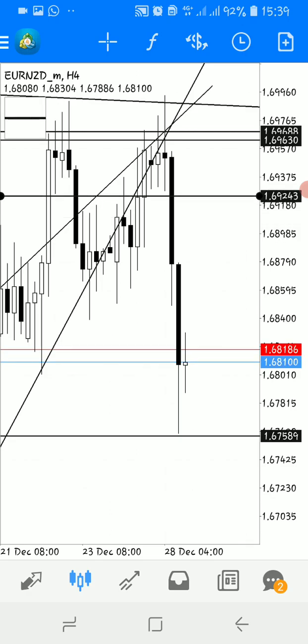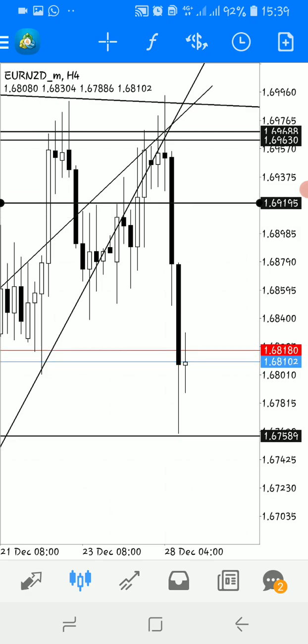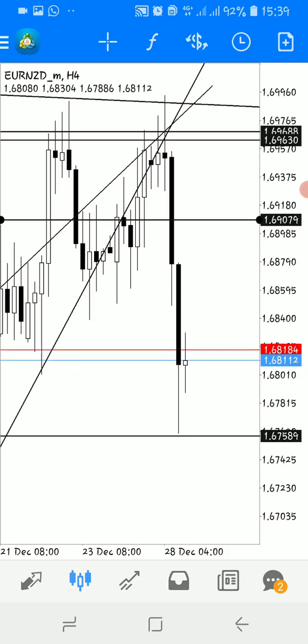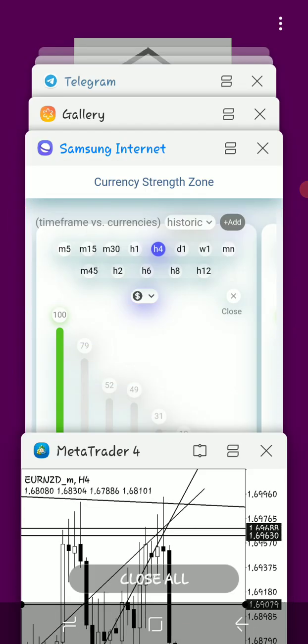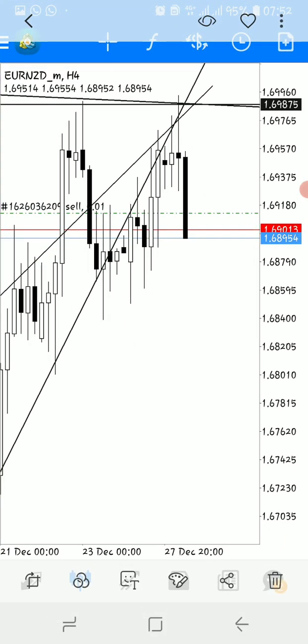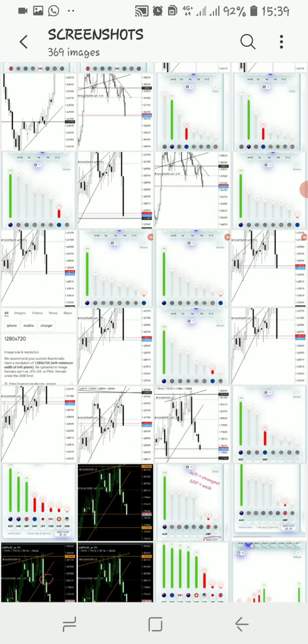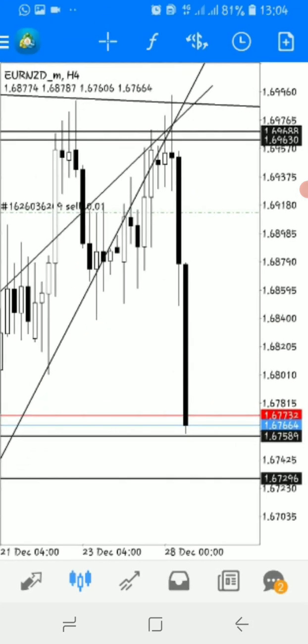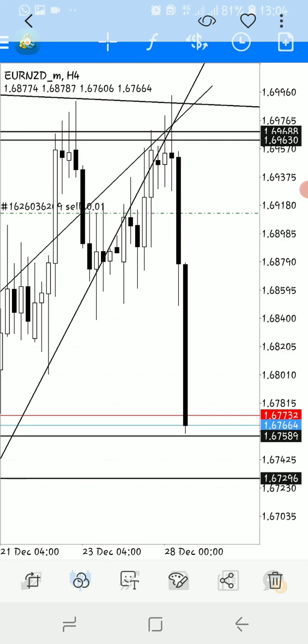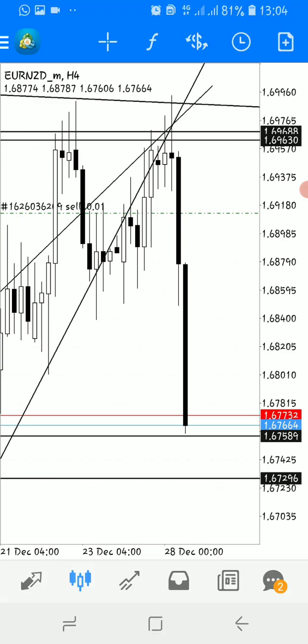You have to go in early around here, just as I did. Later on I closed at the support target down there.